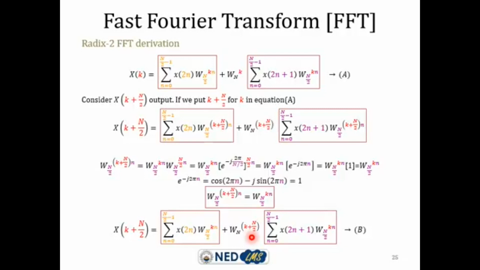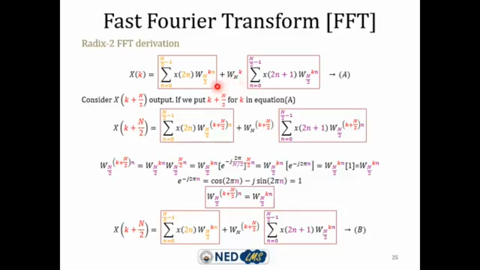So in this case, the value of small n will be from 0 to 3 as we discussed earlier, and the value of small k will also be from 0 to 3. So when we put capital N equal to 8 and k equal to 0, 1, 2, 3, then we will get these factors as W8^4, W8^5, W8^6 and W8^7, while in equation A we have used W8^0, 1, 2, 3.